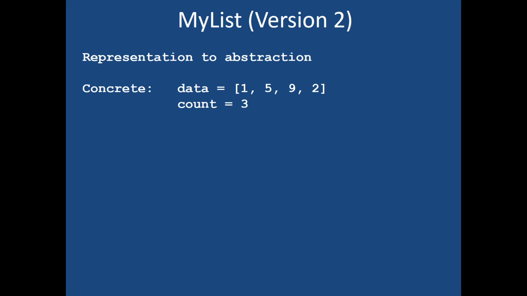Three. Count is 3. So we know the list contains 3 elements. Which 3 elements? Are 1, 5, and 9 in the list? Is it 5, 9, and 2? 1, 9, and 2? What was our plan on the last slide? Where do the elements that we care about reside?